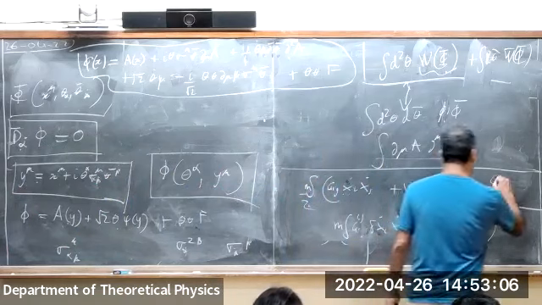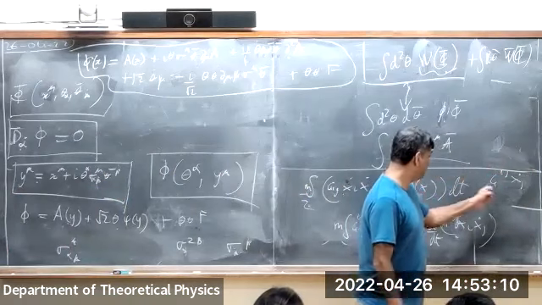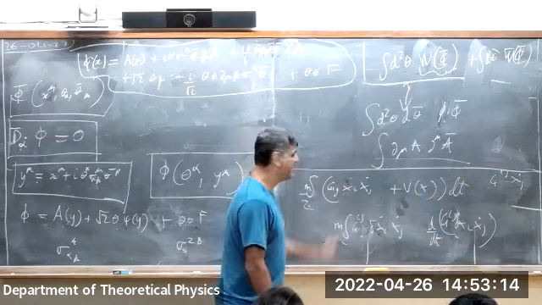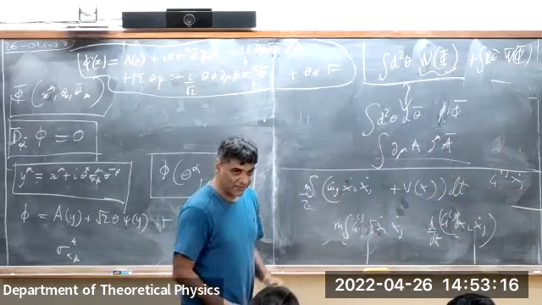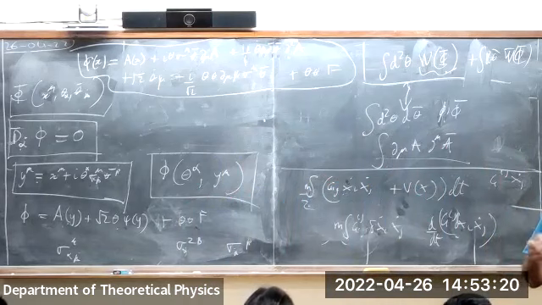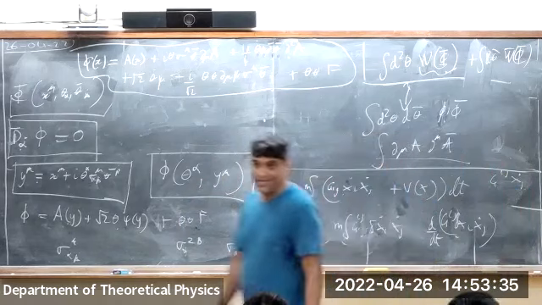It is G_ij x^j dot, but G_ij x^j dot is simply the momentum conjugate to x^i. So the first thing about these boundary terms is that when you look at the coefficient of delta x^i in this boundary term, you get the momentum conjugate to x^i. In fact, this is something you know.